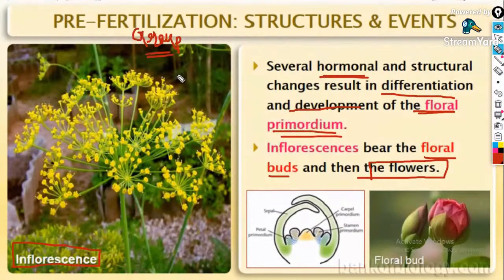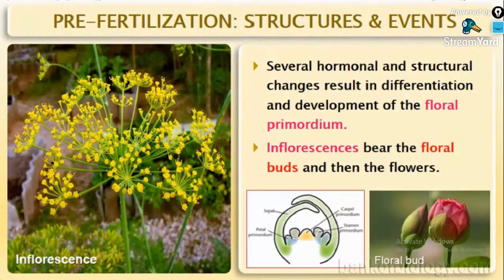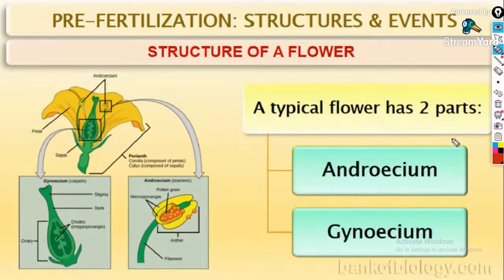So on the same axis, you can have a number of flowers borne, and that type you will call an inflorescence. We have studied this exactly in the class 11th morphology chapter, Harshita. A group of flowers borne on the same axis you will call an inflorescence.